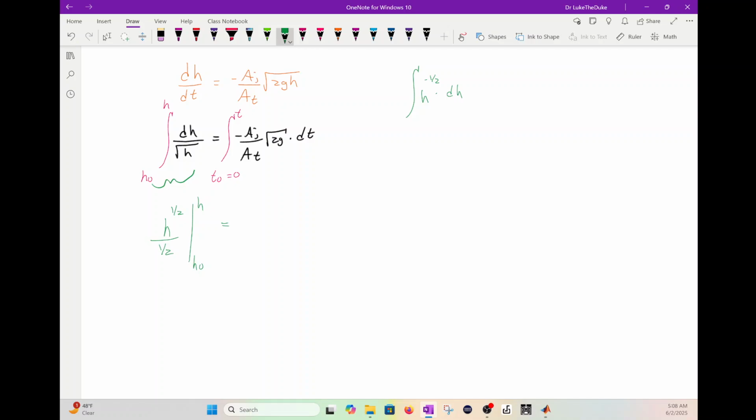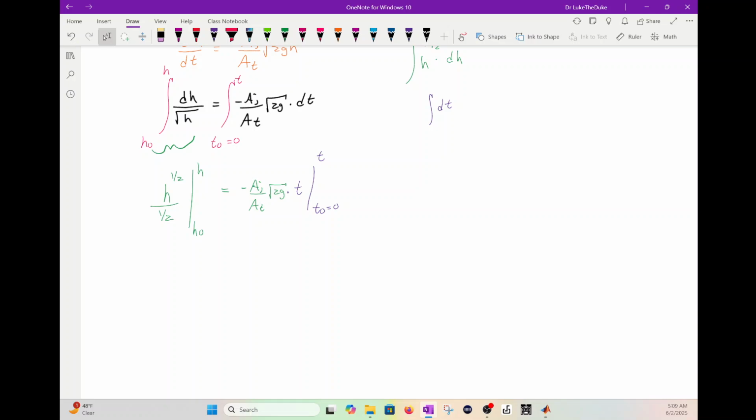And then over here, pretty much everything is a constant, times the square root of 2g, so that can be brought out of the integral. And then we're pretty much going to integrate dt, which is t from t naught of 0 to t. I didn't put H naught in as a number yet because that could change, but our initial time is pretty much always going to be 0.